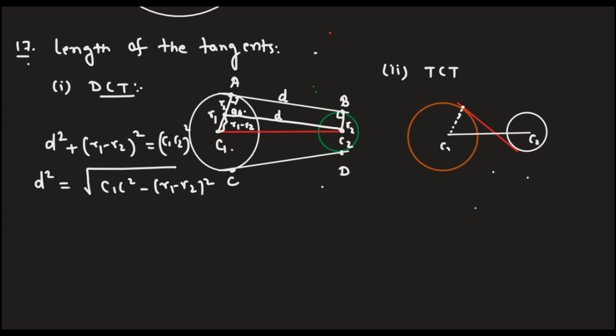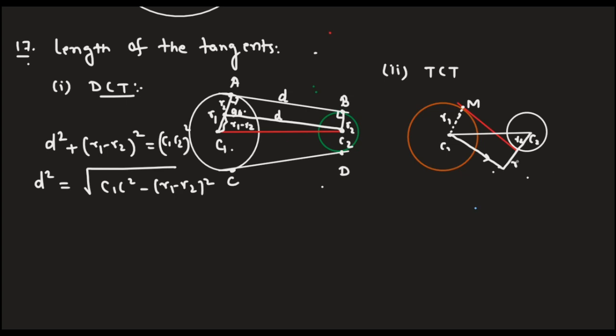Now I am drawing a line which is parallel to this red line, and next I am drawing a line parallel to this CM, through the point C2. Like this. So this is our R1 and this value is R2, this value is R2.